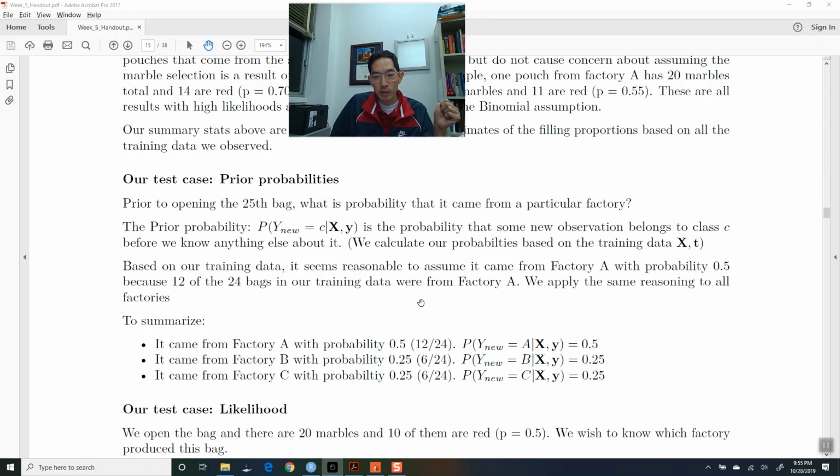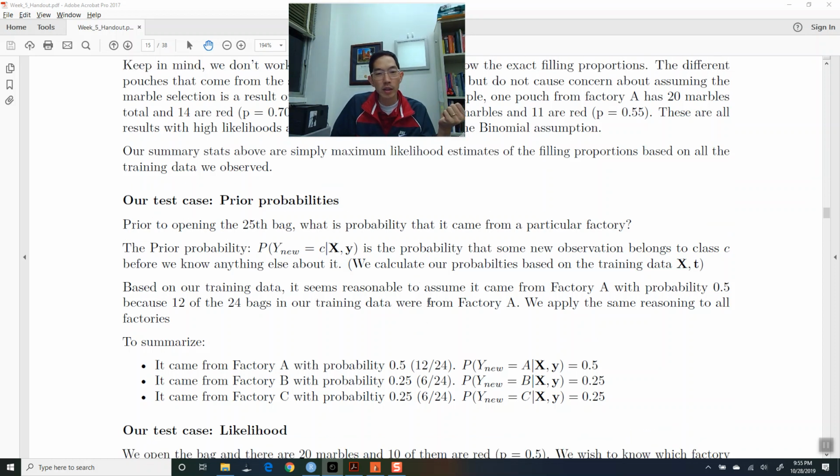We're going to assume that our sample of data is representative of the population. Because half of our training data came from factory A, it might be reasonable to think that this new pouch comes from factory A with probability 0.5.